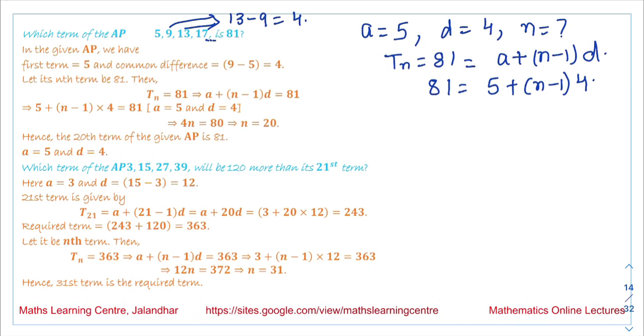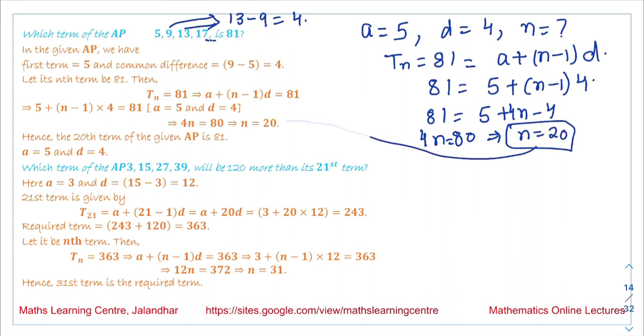So when we shift this term to this side, it is 81 is equal to 5 plus 4n minus 4. So 4n is equal to 80, which gives us n is equal to 20. So we are saying that the 20th term of this AP is 81.